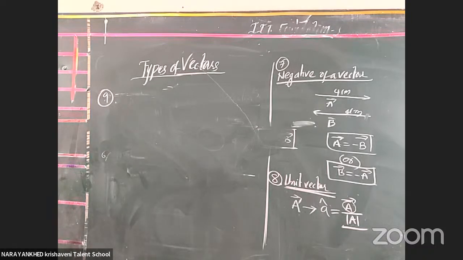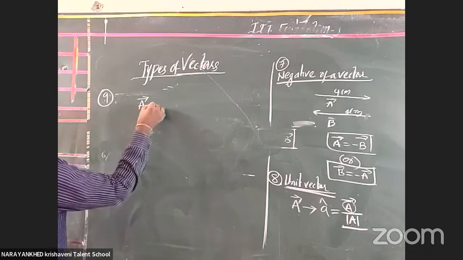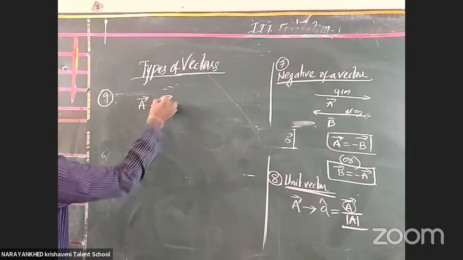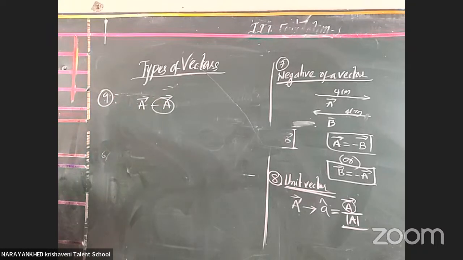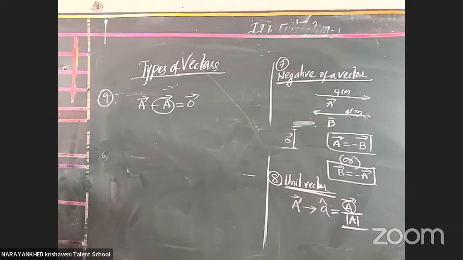This is very important. When we take two vectors, A bar and another A bar but opposite to it, the resultant becomes a zero bar. This is what is called a null vector.